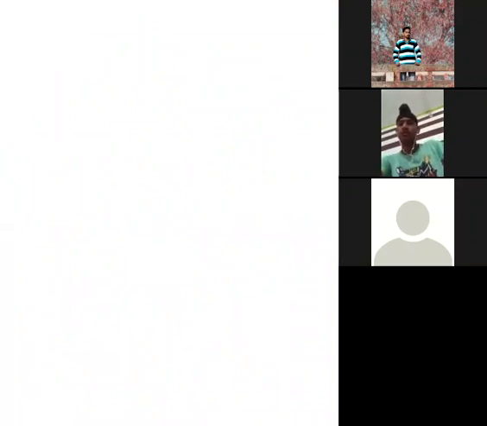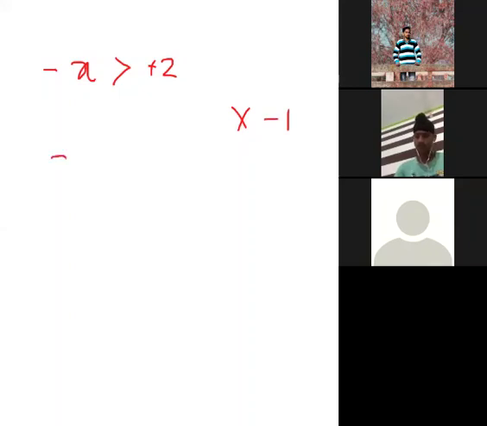First condition is x is greater than minus 2. We will be writing it like this. Minus x is greater than 2. So we will be going to multiply both the sides with -1. When we will be multiplying with -1, it will become x is less than -2.